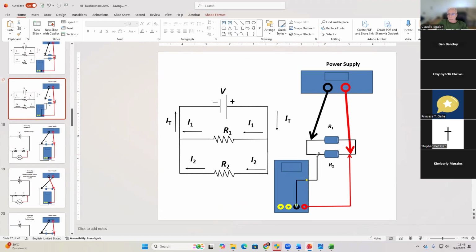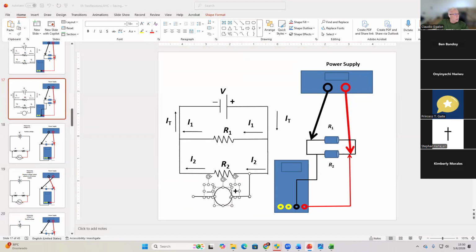Okay. To measure the potential difference across resistor number 2, if we draw the circuit diagram, the circuit diagram looks like that.